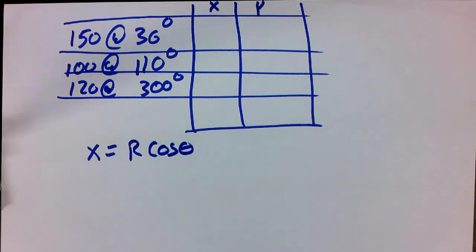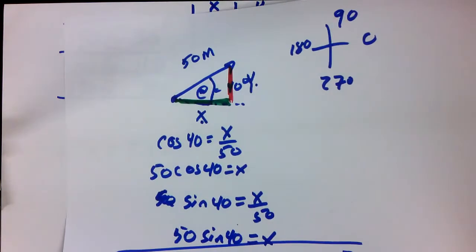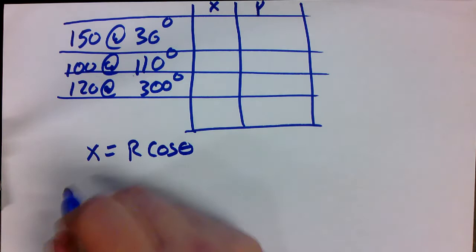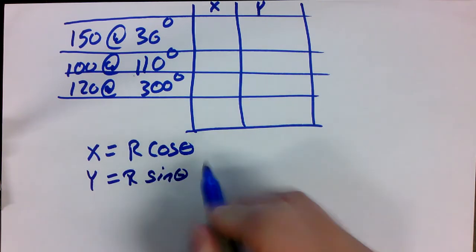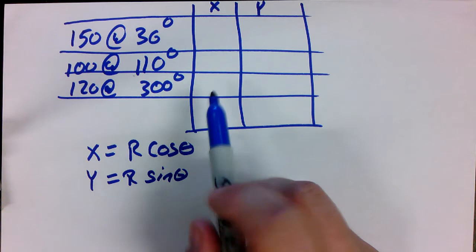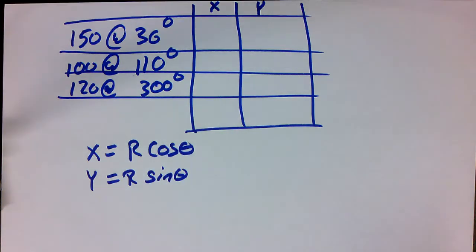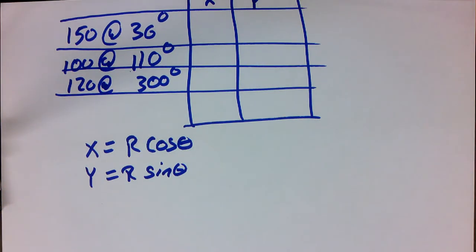That comes from this idea here. To find the y value, you will use r sine theta. And so you start plugging these into your calculator: 150 cosine 30, 150 sine 30, and so on and so forth.